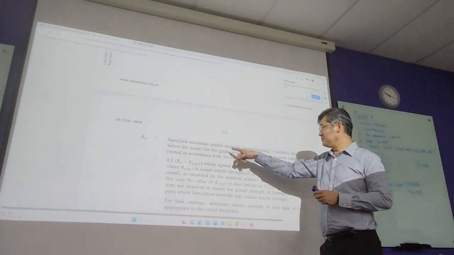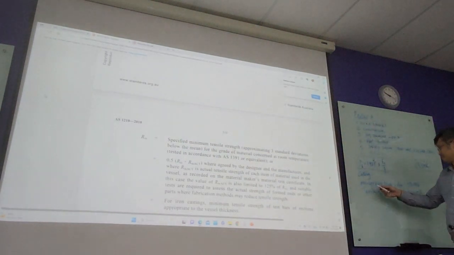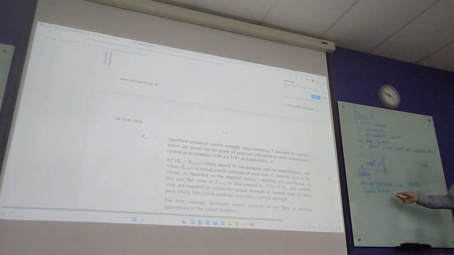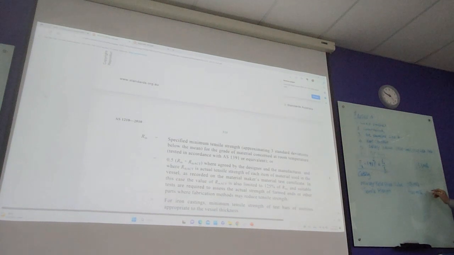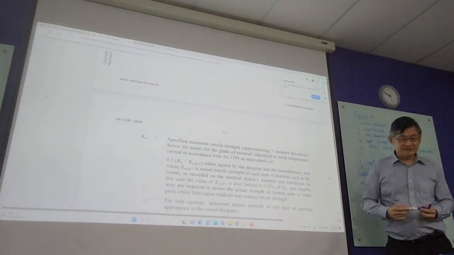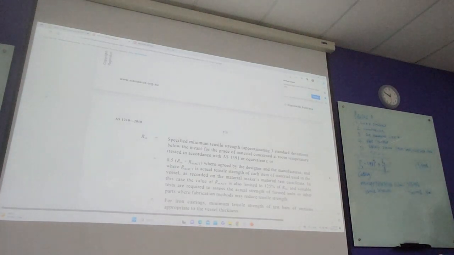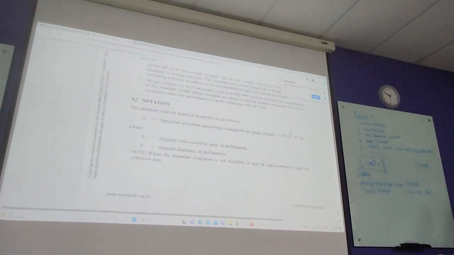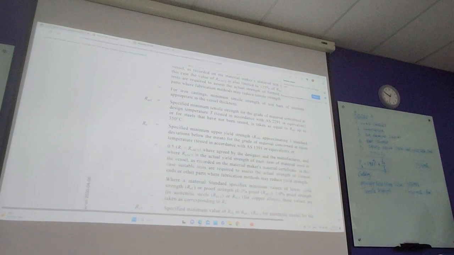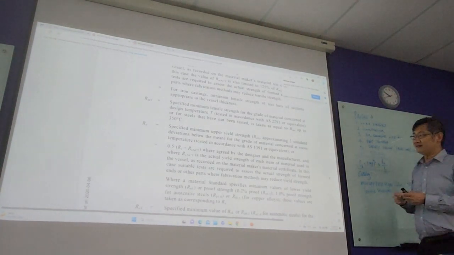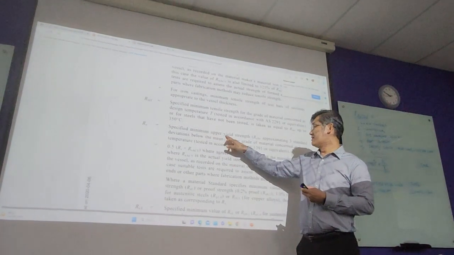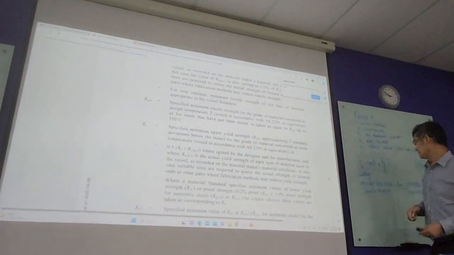Rm is the specified minimum tensile strength. Re is your upper yield strength, the specified minimum upper yield strength.